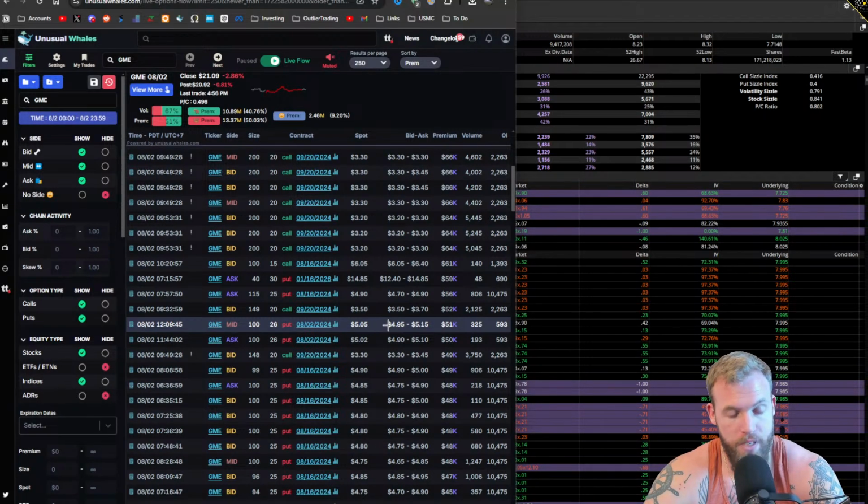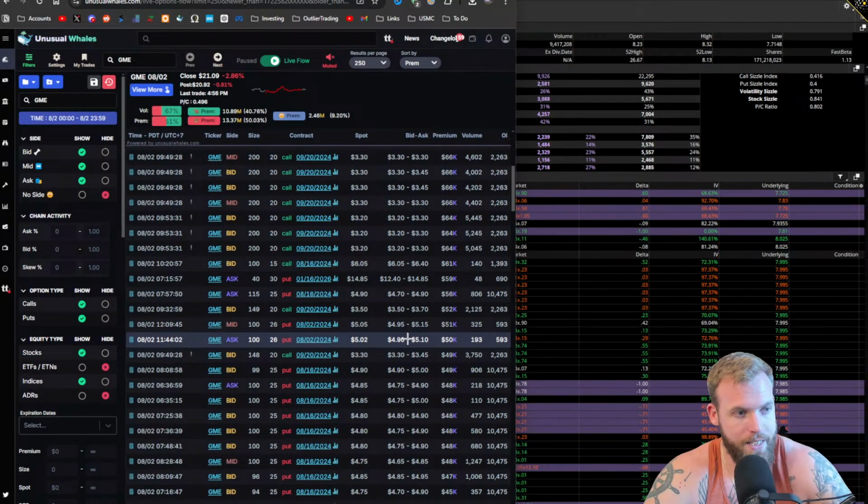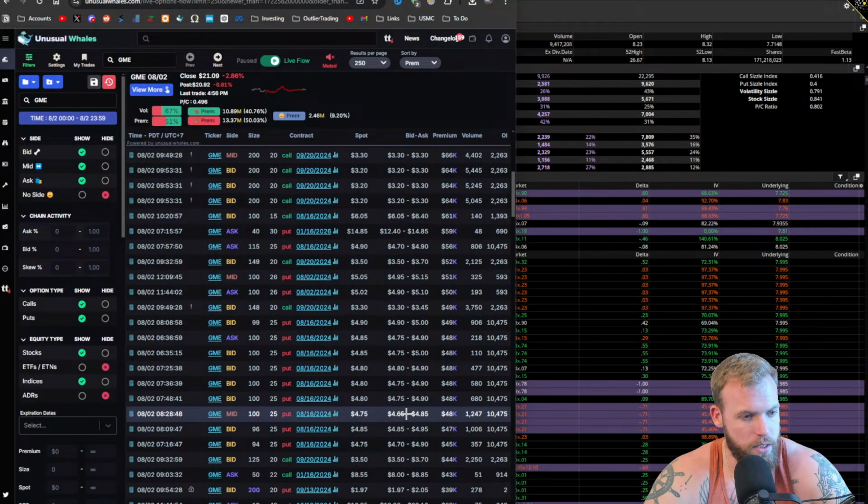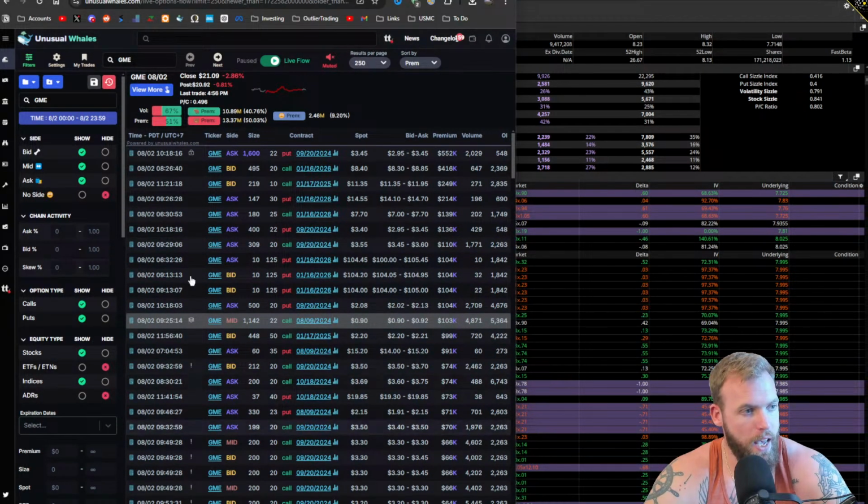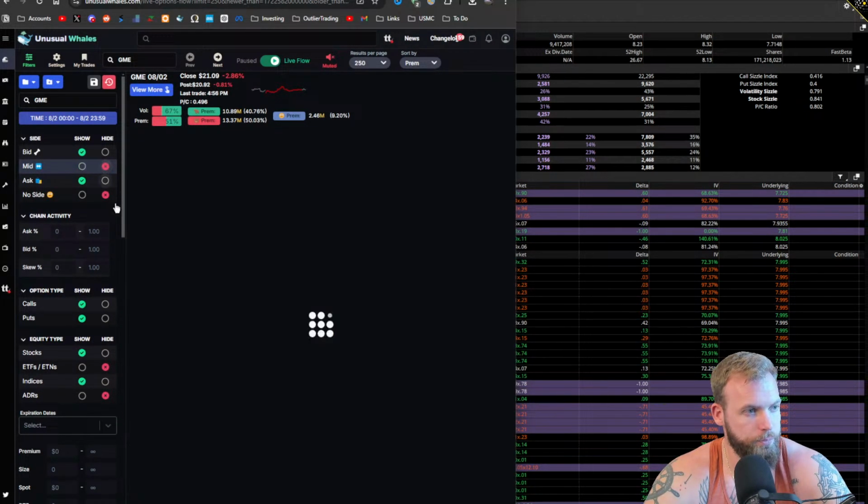If this was like a $2 million trade, which it wouldn't come in at the mid, that's the cool part. Larger trades don't come in at the mid. They're too big. They push the market. So if it's a big enough trade, it's naturally going to trend towards one direction or the other. So it makes it a little simpler actually to find. So this one's 475. And again, this one's dead set mid, nothing to derive from that. So yeah, typically you can just kill the mids off.